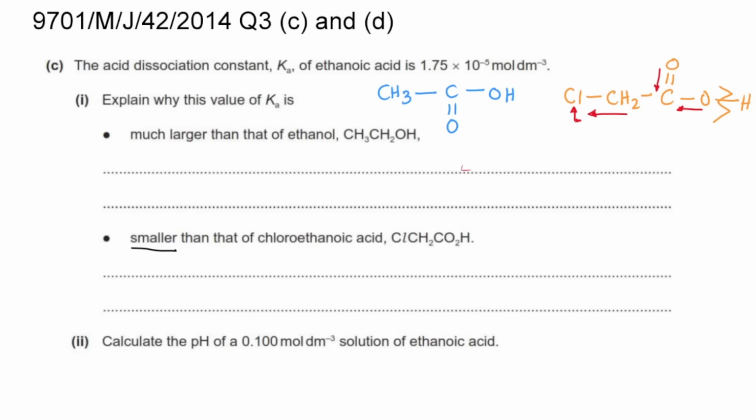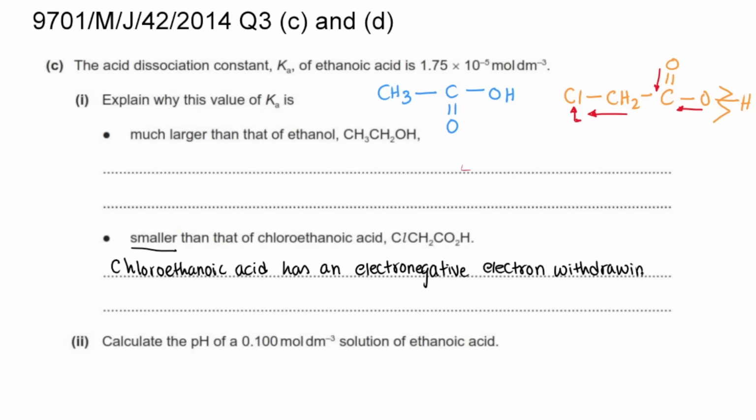Therefore, we can write the answer to be: chloroethanoic acid has an electronegative electron withdrawing chlorine atom. You don't have to write electronegative, but I just wrote it. Now you have to write the electron withdrawing chlorine atom part.